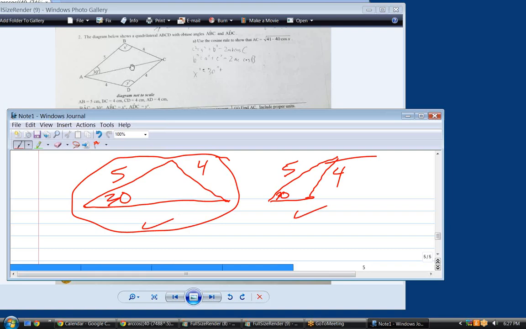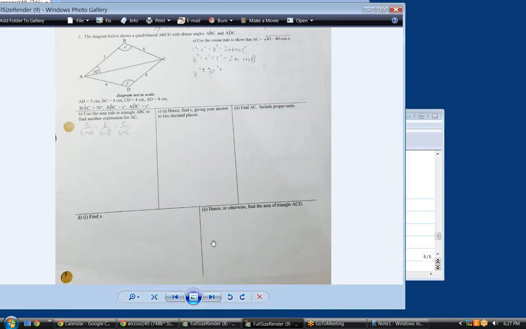When they give it to you in a picture like this, then I don't have to worry about the second one. I can see that that's not the triangle they're talking about. Right. Okay. So we know how to get AC. Right. Now solving for y. Apparently we can use any technique we want.